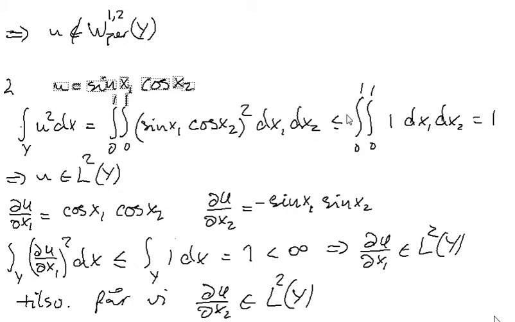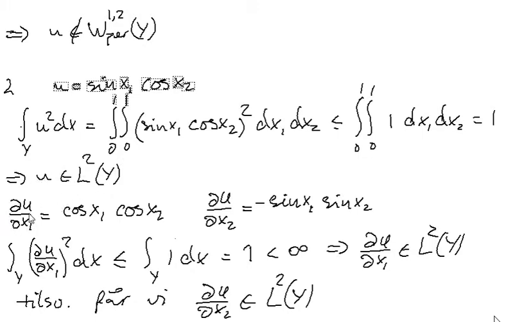Therefore we are sure that this is less than this integral, where we have replaced the actual integrand with just 1. And taking this integral, we find that the value is 1. This means that since 1 is less than infinity, u is a member of L2.